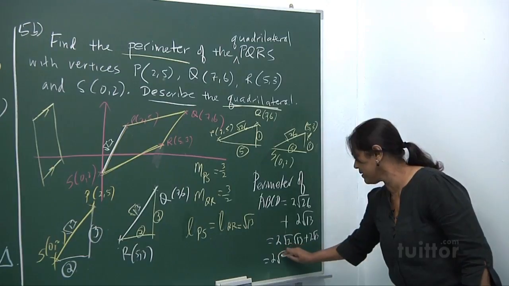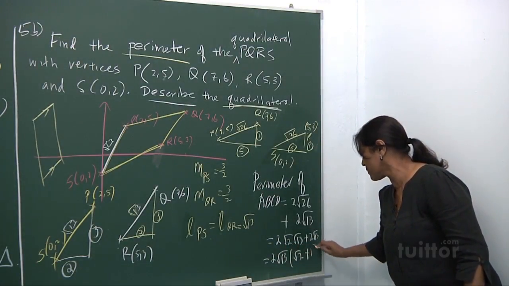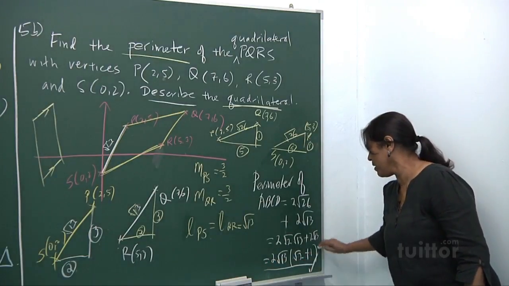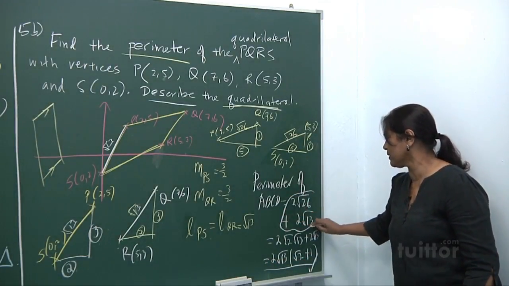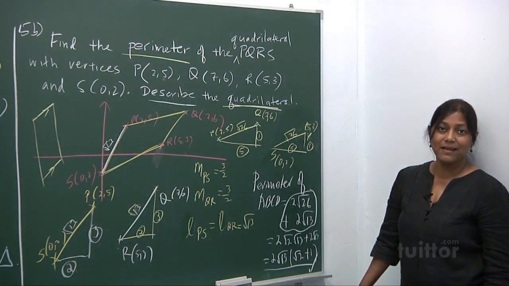Excellent. And what is left is square root 2 plus 1. You can write it this way, or you can just put it into your calculator and get your answer. That's quite easy.